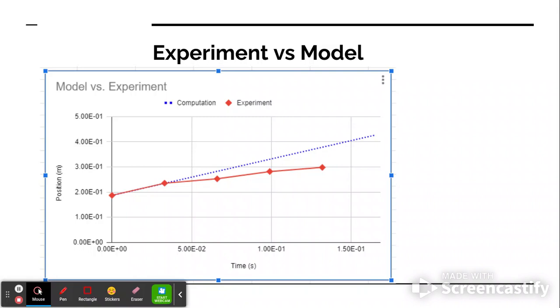Our computational model and our experimental model would be moving at approximately constant velocity. So what would be different is the actual numbers and the actual sign, whether it's positive or negative. But what would stay the same is the very important fact that it is constant in the case of the computational model and approximately constant in the case of the experimental model.